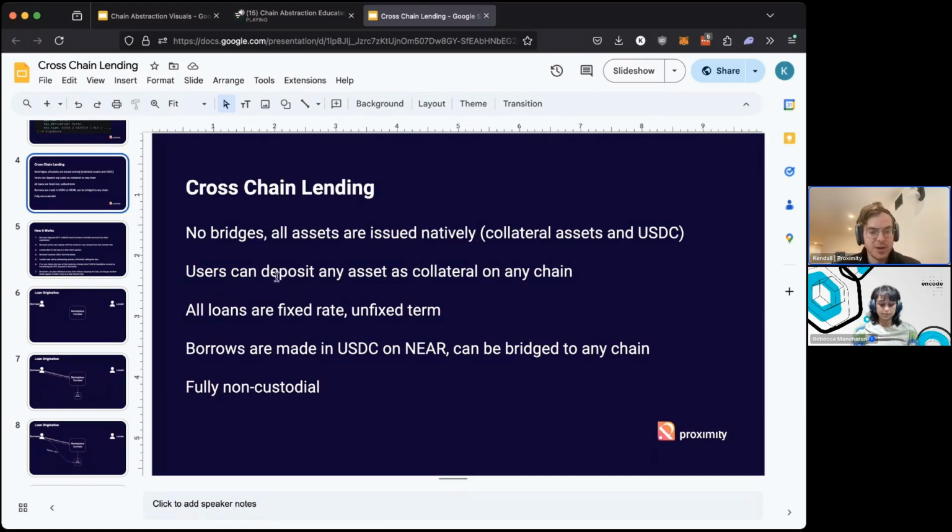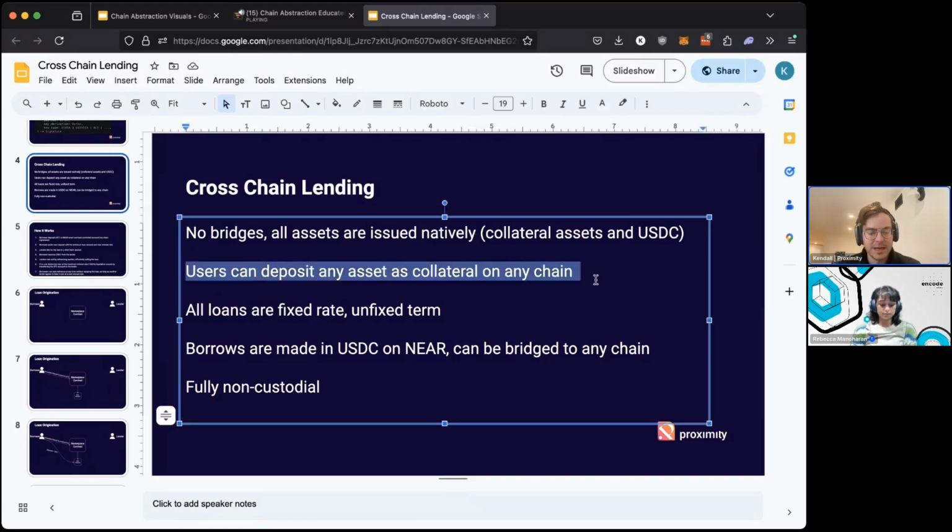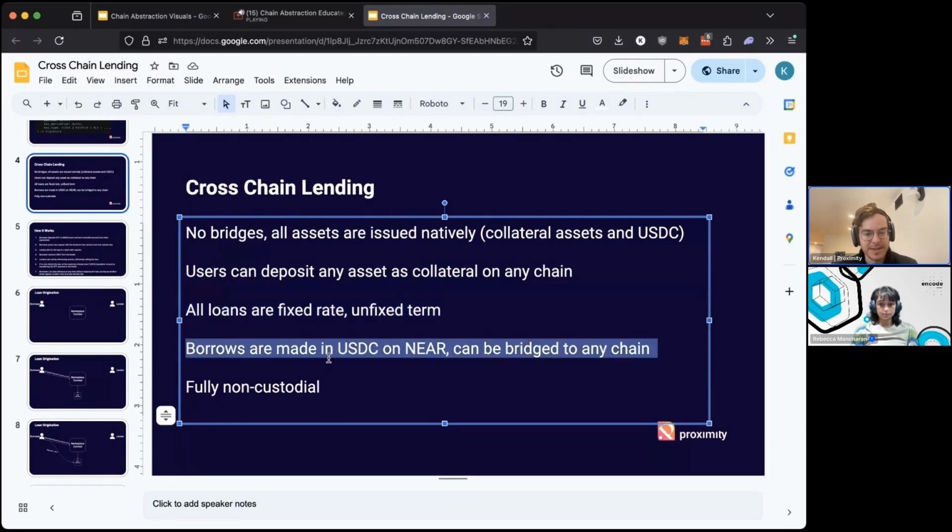This also means that you really expand the potential base of what you can use as collateral. In this particular example, we assume that loans are fixed rate with an unfixed term. In practice, that of course can change, but just for simplicity. Borrows are made in USDC on NEAR, which can then be bridged to any chain. And of course, it's non-custodial.